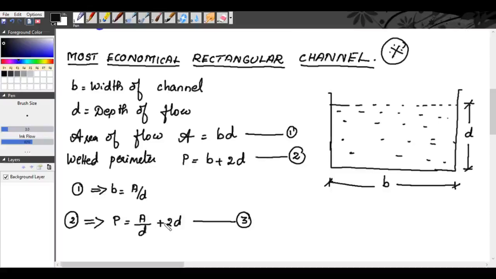If D is varied, in order to find the most economical wetted perimeter for a given area, dou P by dou D will be equal to 0.